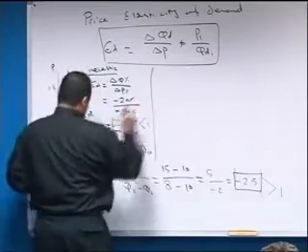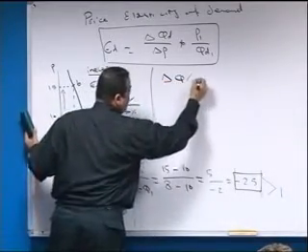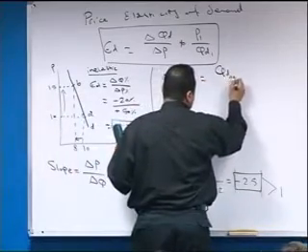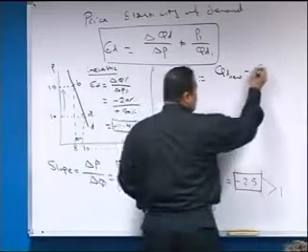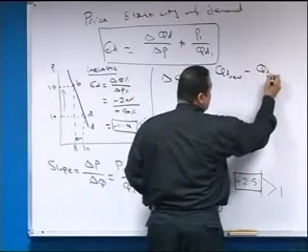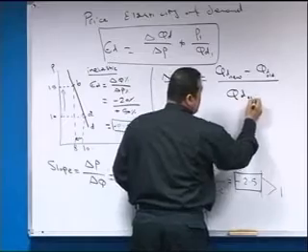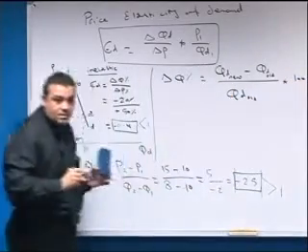The percentage change in quantity, delta Q percentage, equals the new QD minus the old QD over the old QD times 100%. Right?